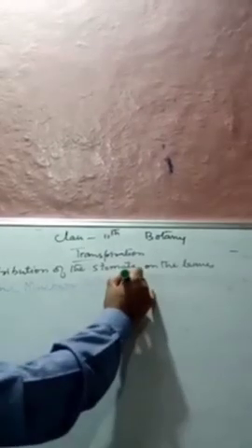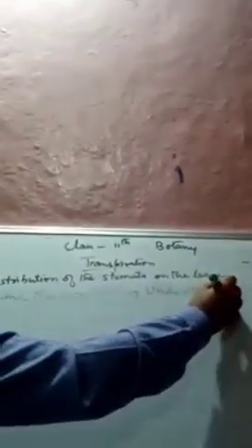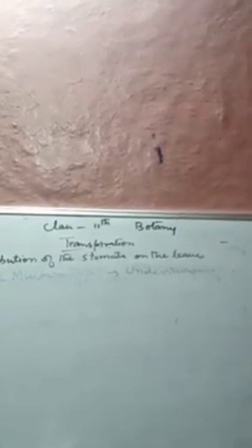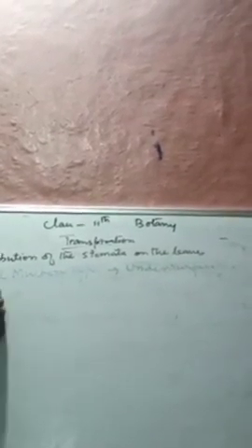Apple and mulberry type. What happens in this type? The stomata are mainly found on the under surface, that is the lower surface of the leaves. This is called the apple and mulberry type. The second one is called the potato type.